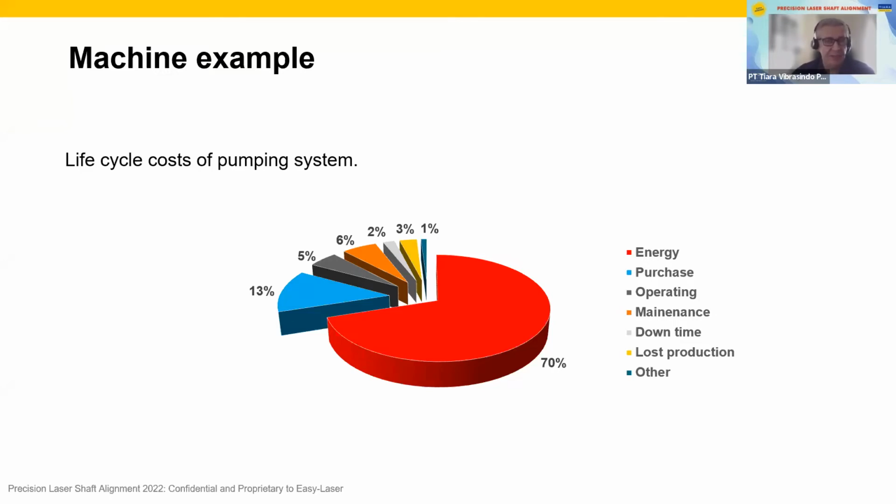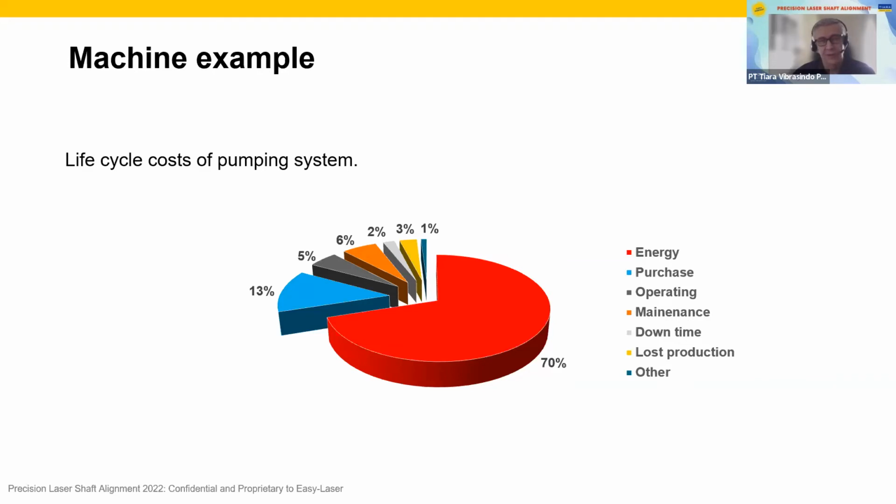About 70% of the full lifetime operation cost is alone the power consumption. So yes, we have energy, we have purchase, operating, maintenance, downtime, lost production, and other cost factors. And the really big portion, 70%, represents everything the machine is taking power over its lifetime, and that's huge.